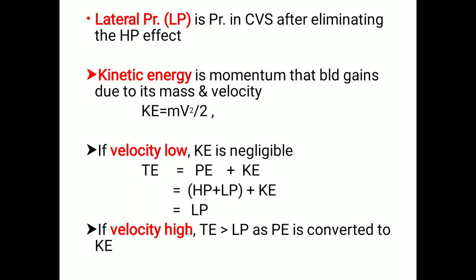Kinetic energy is the momentum that the blood gains due to its mass and velocity. If the velocity is low, the kinetic energy is negligible. If velocity is high, the total energy is more than the lateral pressure, as the potential energy is converted to kinetic energy.